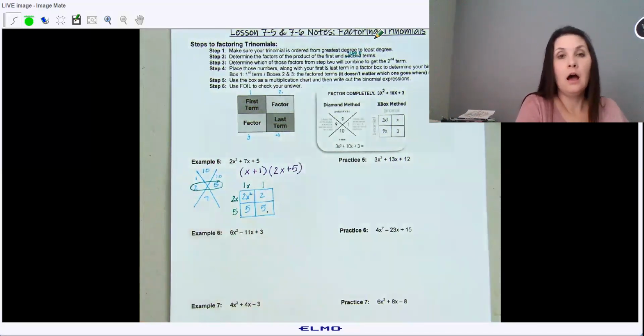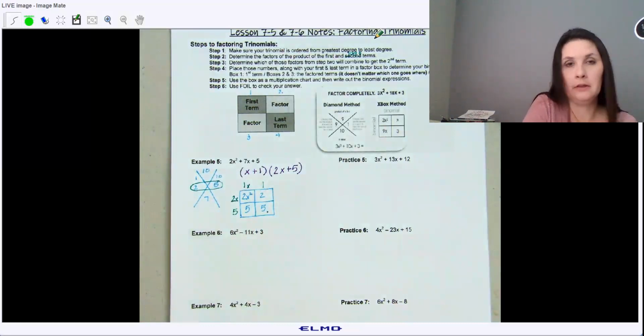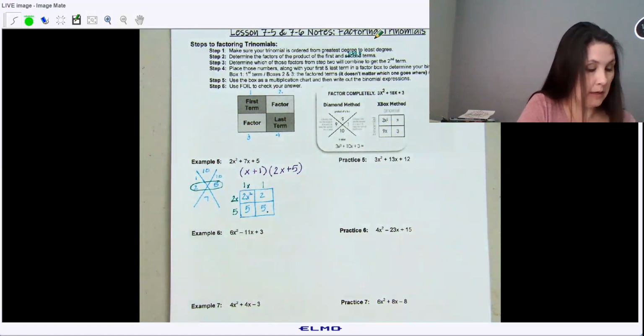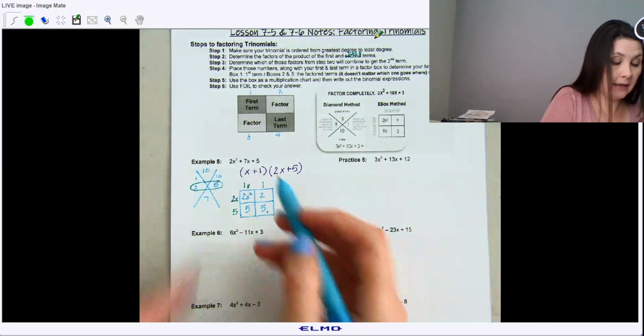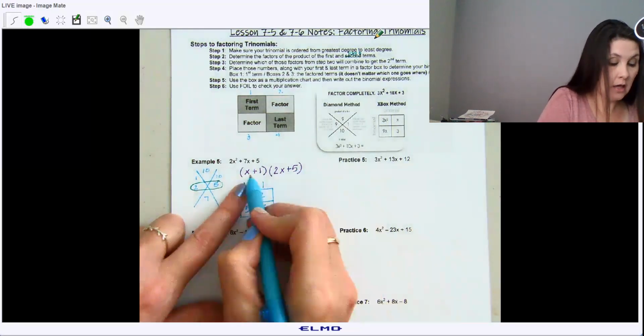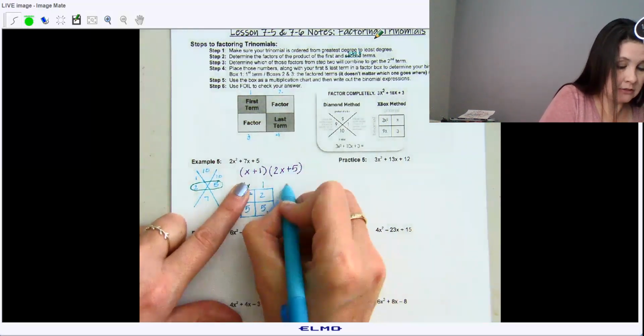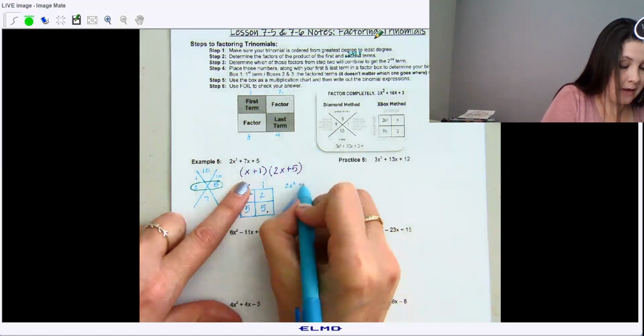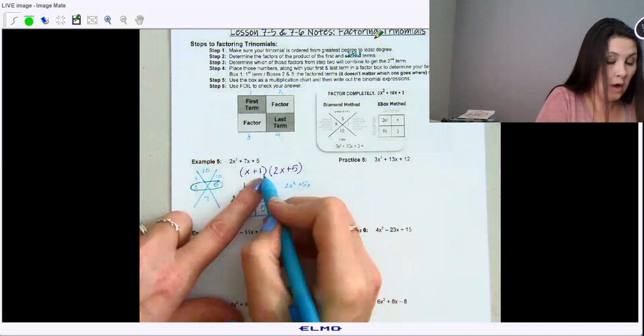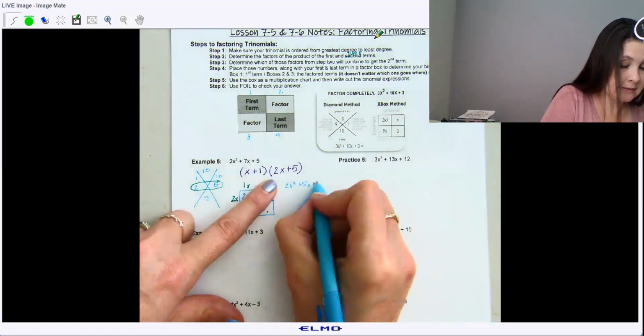Okay. I know that some of you may be completely confused right now, and that's okay. That's why we have 8 practice problems on this page. So what you could do is you can come back and you can FOIL to check. X times 2x is 2x squared. X times 5 is 5x. 1 times 2x is 2x.